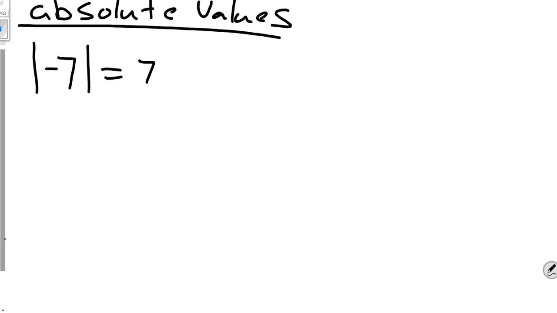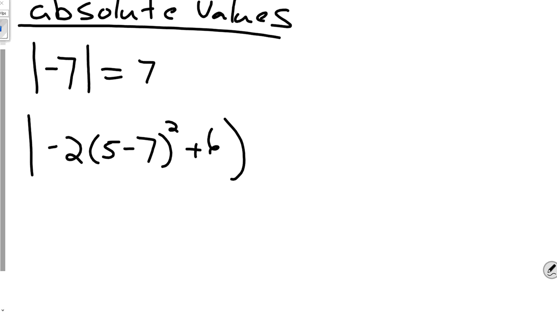Right, like if you had something like this. Oh, wrong bracket now. Like if you were to solve all this, the absolute value is the very last thing you do.